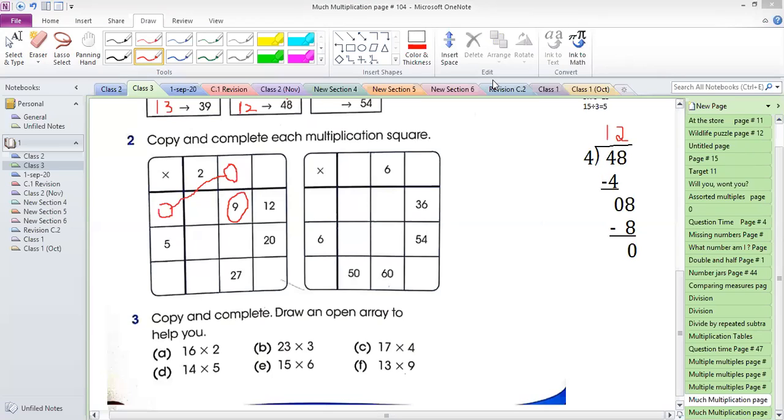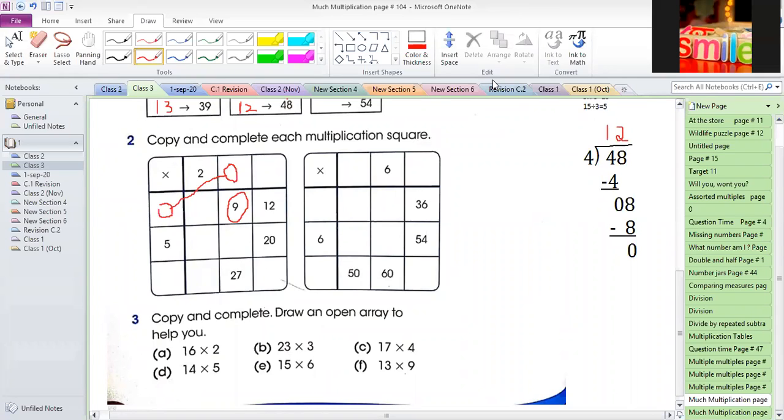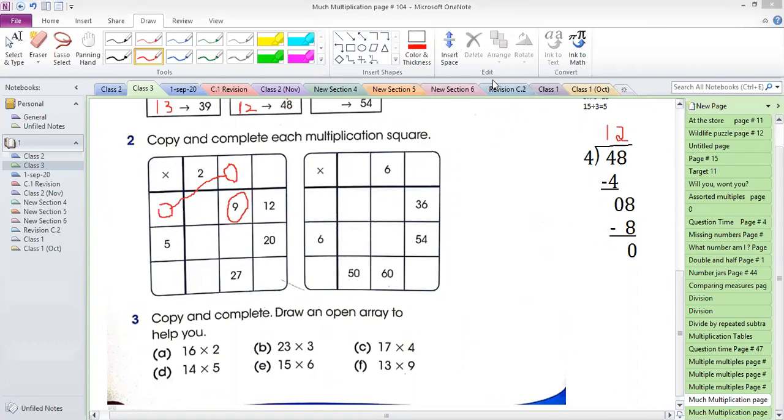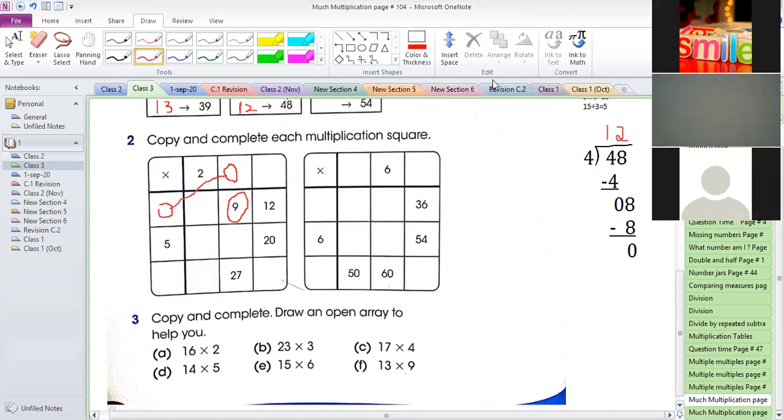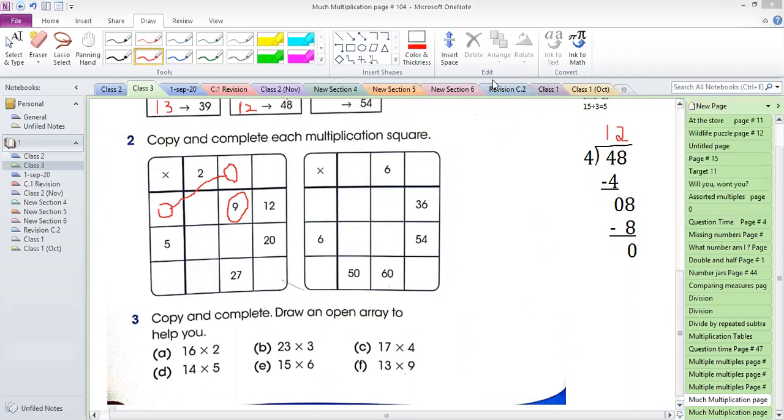All right, 1 multiply 9. Okay, 1 multiplied by 9 is also possible, yes. Very good, guys, very good.